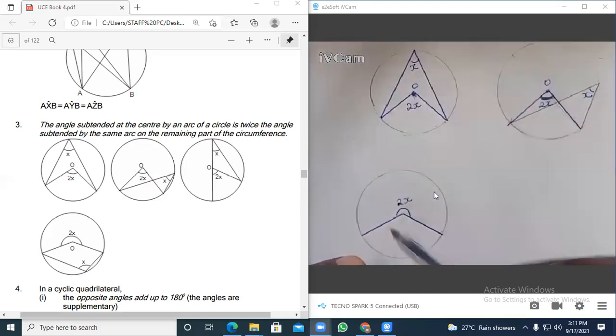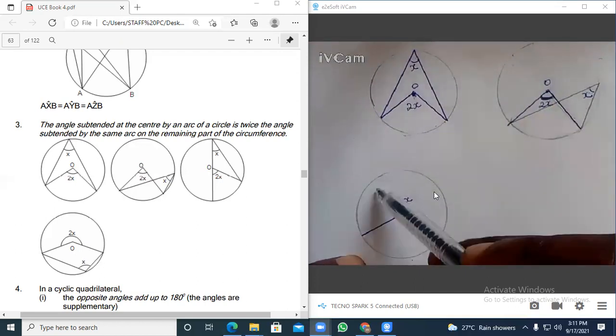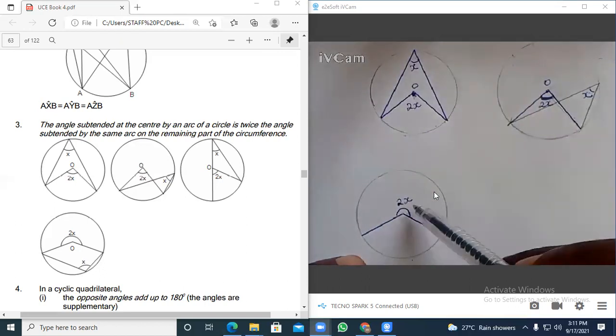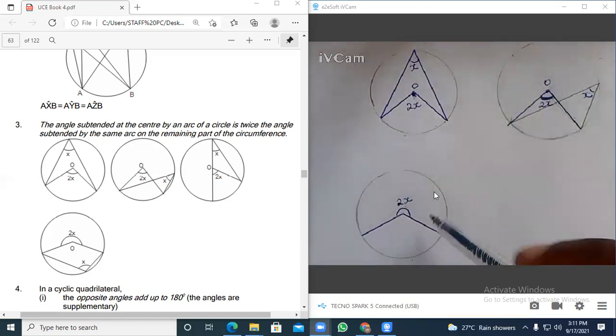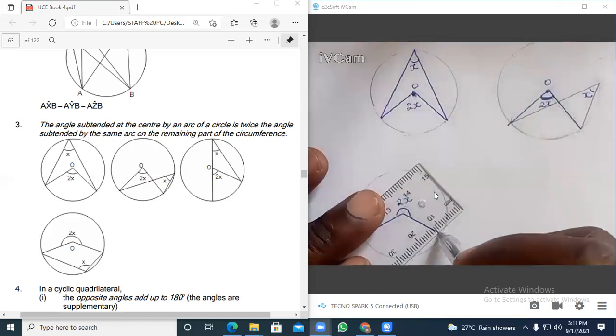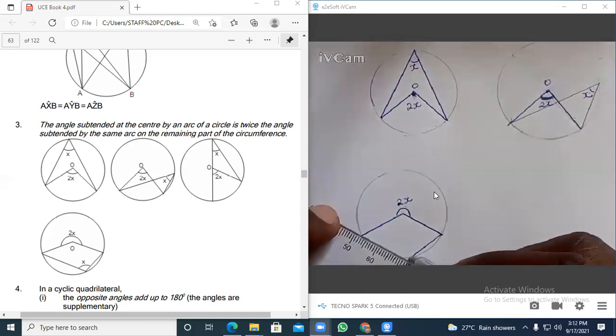Even this one, if the 2x is now this side, we don't expect any angle on the side which is half of this, but that angle should be on this other side.